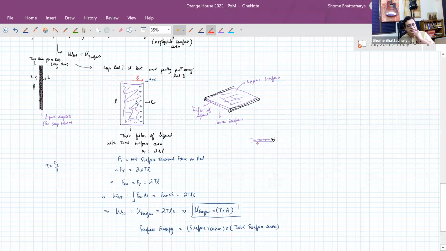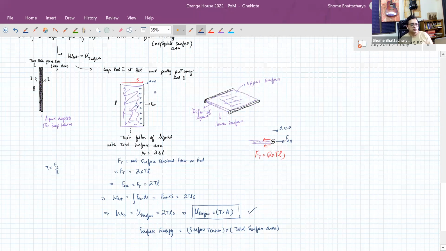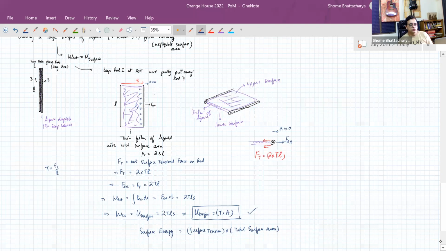Okay, so the net surface tensional force is 2 times T into L, and that is being balanced by the external force as you're moving this very slowly. So yeah, what's more important is the final formula of surface energy: it is surface tension multiplied by surface area. So just go through this once.